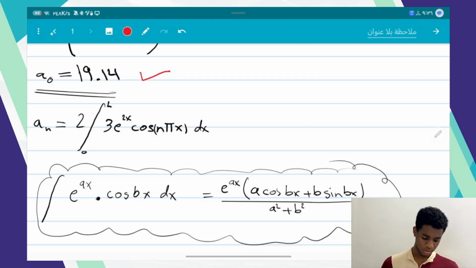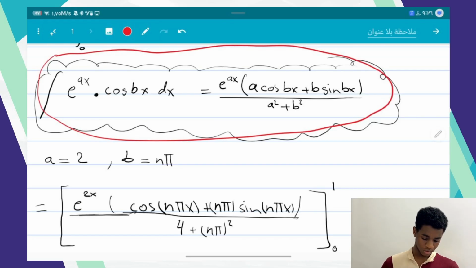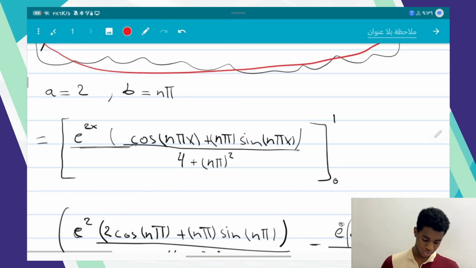For an, we use the formula 2 multiplied by the integration from 0 to L of 3 multiplied by e^(2x) cos(nπx) dx. We already know a is equal to 2 and b is equal to nπ. So we got e^(2x) multiplied by (2 cos(nπx) plus nπ sin(nπx)) over 4 plus n squared π squared, from 0 to 1.